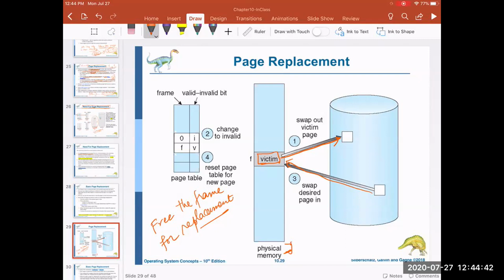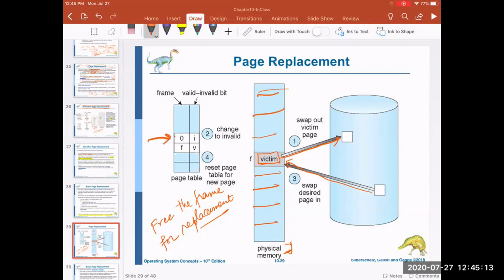Now, because we are only bringing in the required pages from memory, it may be possible that my program requests a page which is not currently in the main memory. And at the same time, your physical memory is all full. Then you need a replacement, because all the frames here are in use.